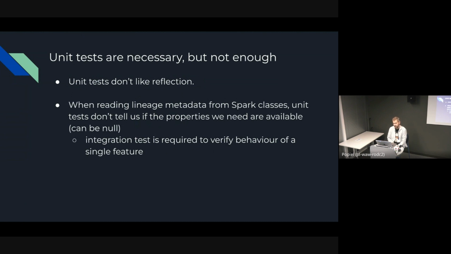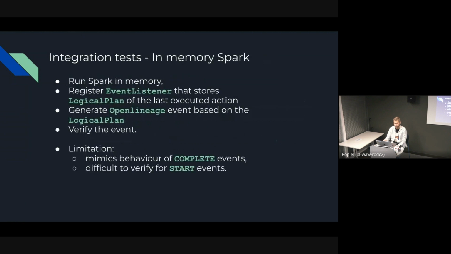An integration test is the best way to verify the behavior of a single feature. By integration test, I mean something that runs real Spark, runs real data processing, and finds out if the lineage collected based on this was the one that we expected.